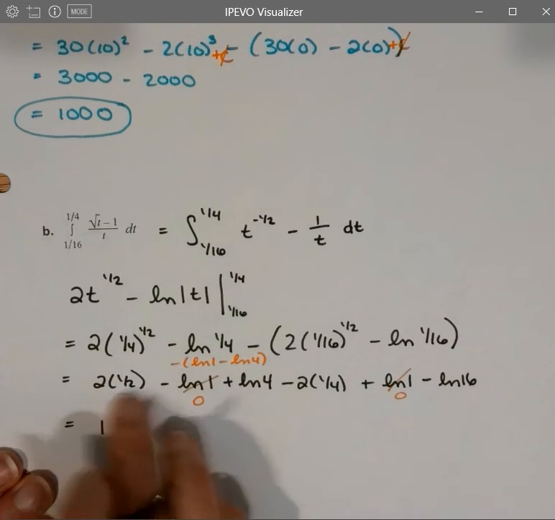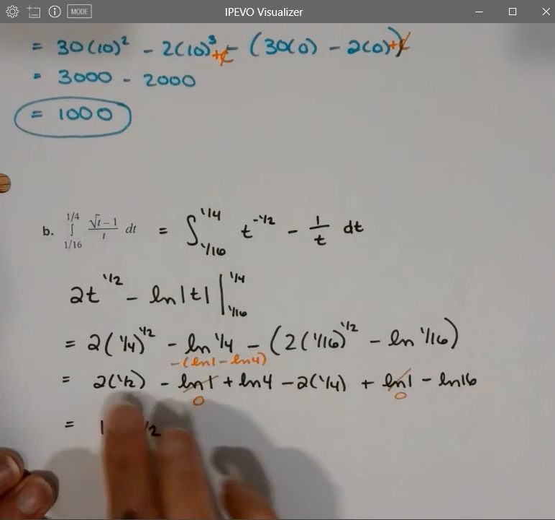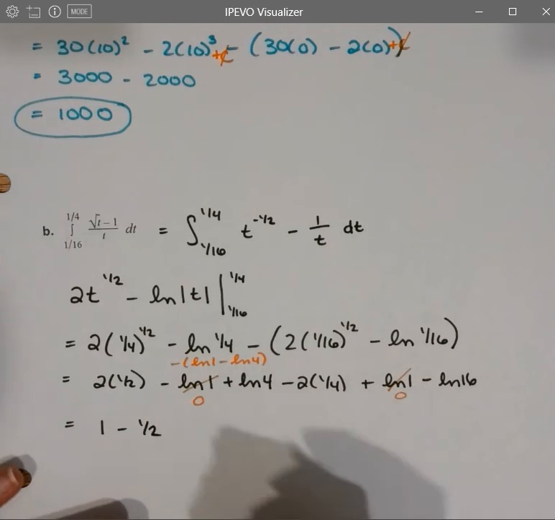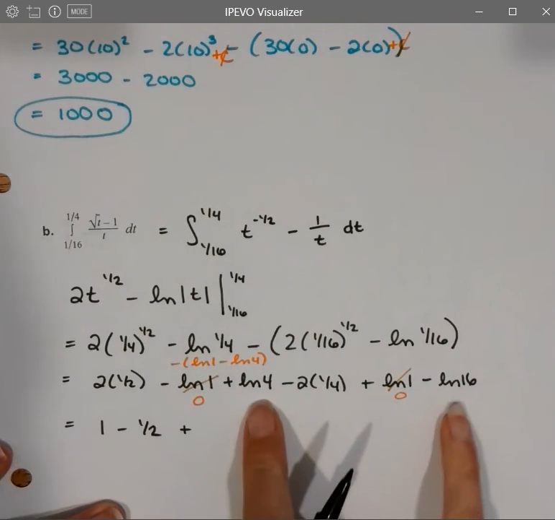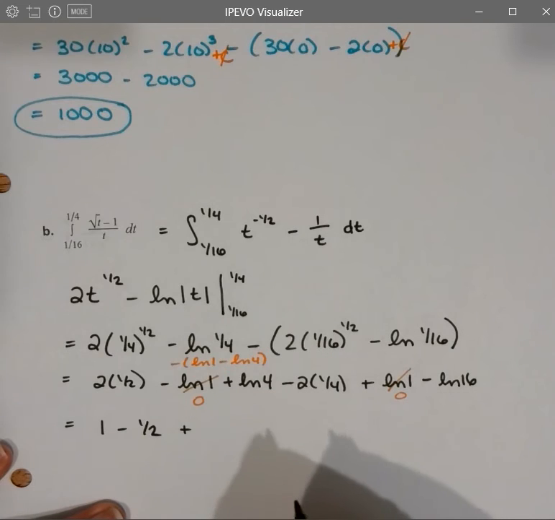We've got 1 minus 1/2, just looking at the two fraction values here, plus, now if you have two natural logs, you can definitely simplify them, so let's get them combined. Because 16 and 4 are both powers of 2, that's probably the best way to rewrite them.